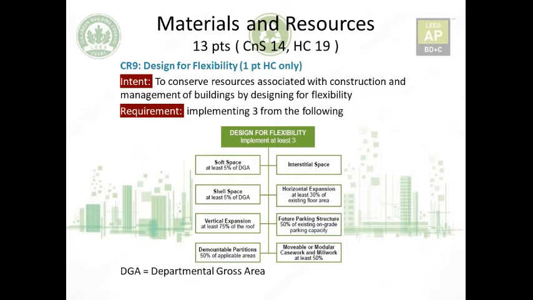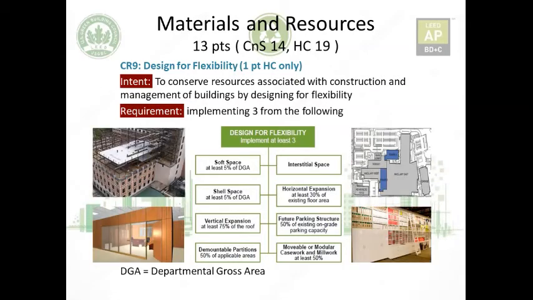Now let's see what is vertical expansion. At least 75% of the roof. If you see the picture on the top left corner, this is an actual hospital, an actual vertical expansion going on. 75% of the roof area. Now, sometimes there is equipment you put on the roof. So if you have expansion in mind, you put this equipment either in one place, concentrated, that is in 25% of the area, or you put it, for example, outside the building.